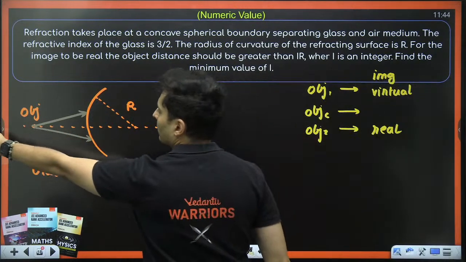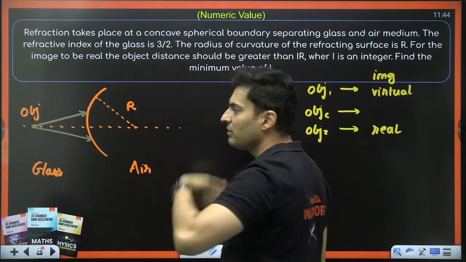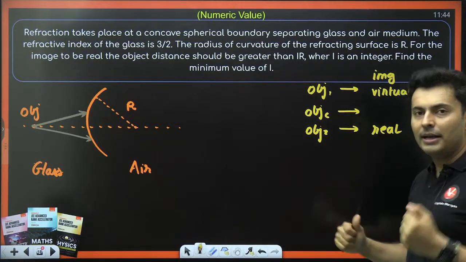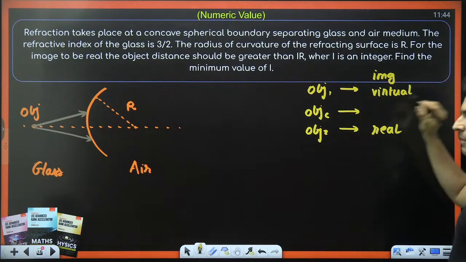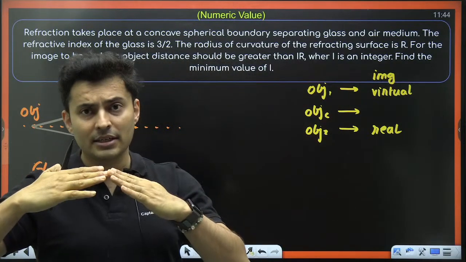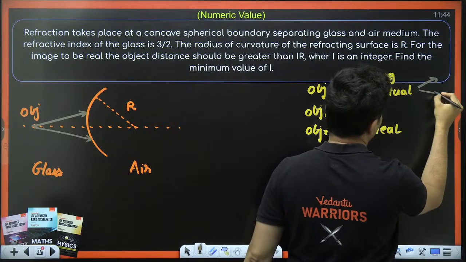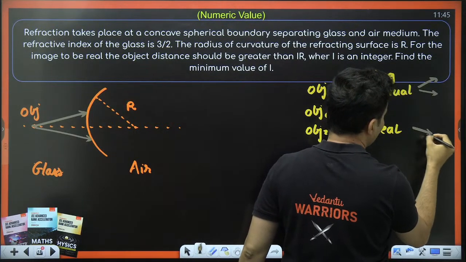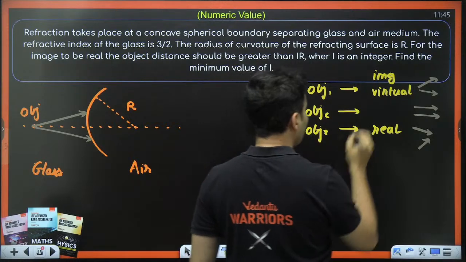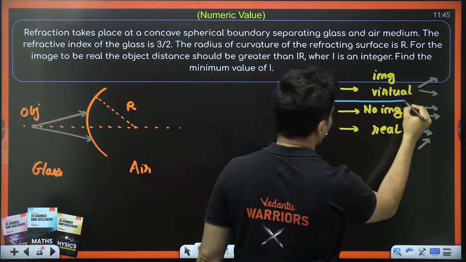As I keep moving the object from infinity to close to the boundary, in some places the image will be virtual, then after some point it becomes real, or the reverse. When the image is virtual, the rays are diverging. When the image is real, the rays are converging. In between, there is a transition where the rays are just parallel, which means no image is formed.